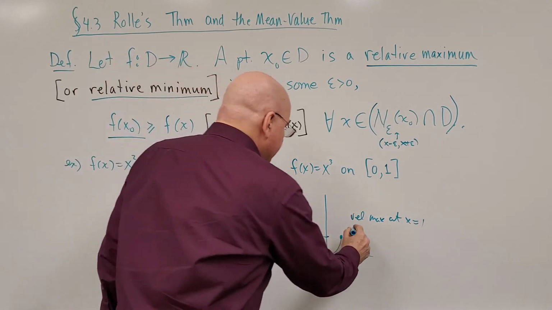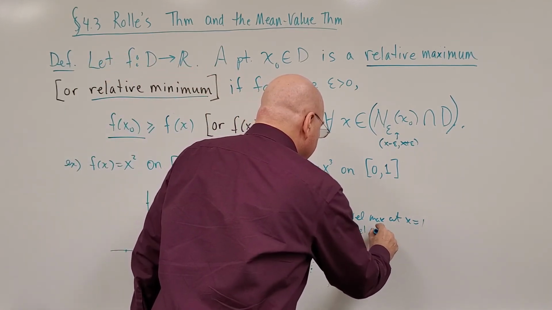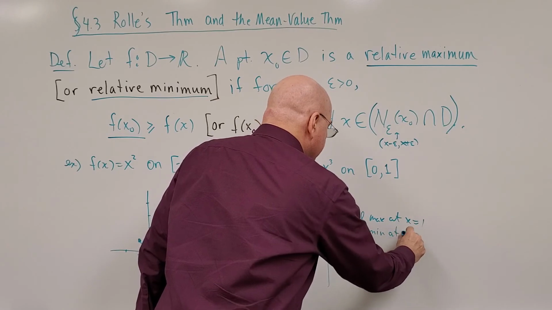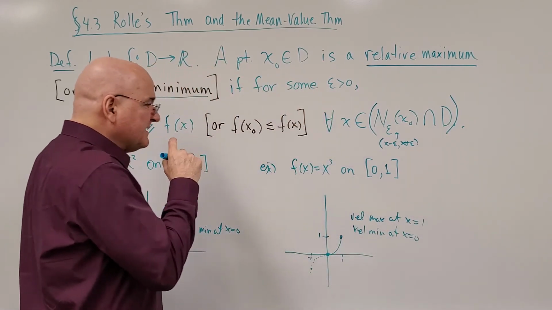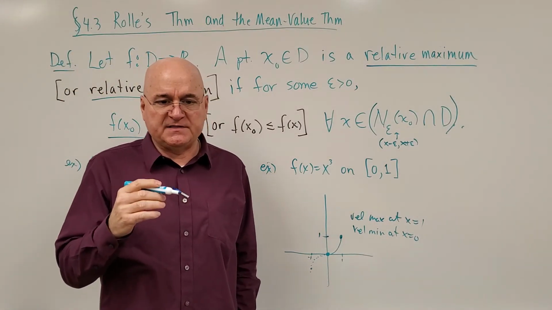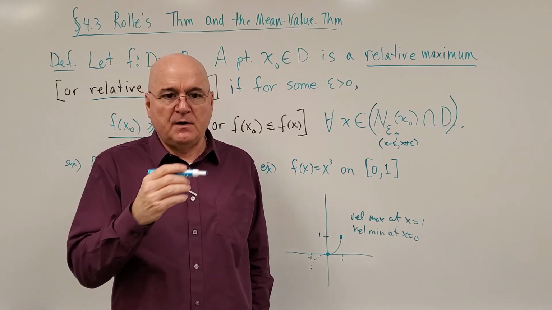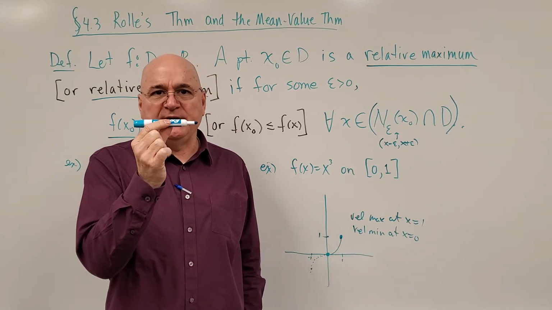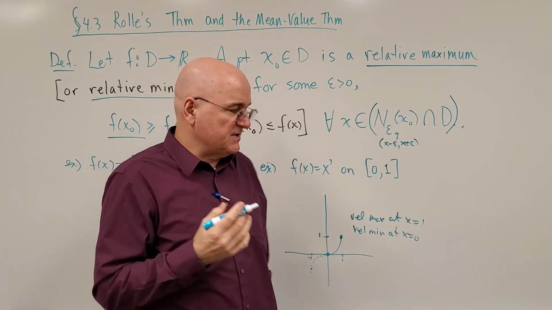And there's a relative minimum at x equals 0. So it is not simply the case that you can only have a relative minimum or a relative maximum of a function where the tangent line to a point is a horizontal line.